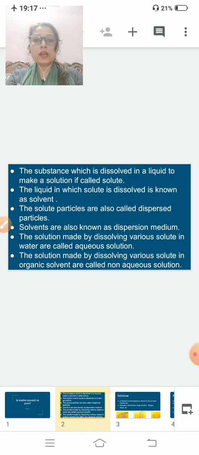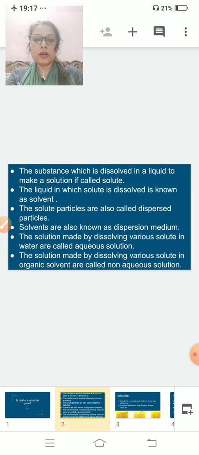Clear? And solvent? Yes, the liquid in which you dissolve solute is known as solvent. Solute is also known as dispersed particle and solvent is known as dispersion medium. If the solvent is water, in that case your solution is called an aqueous solution.